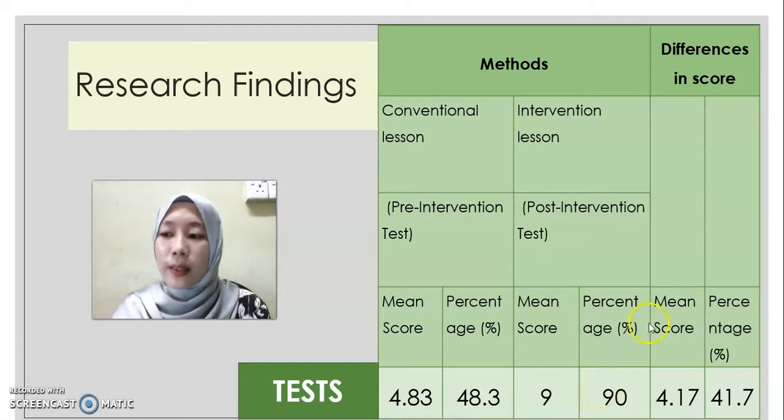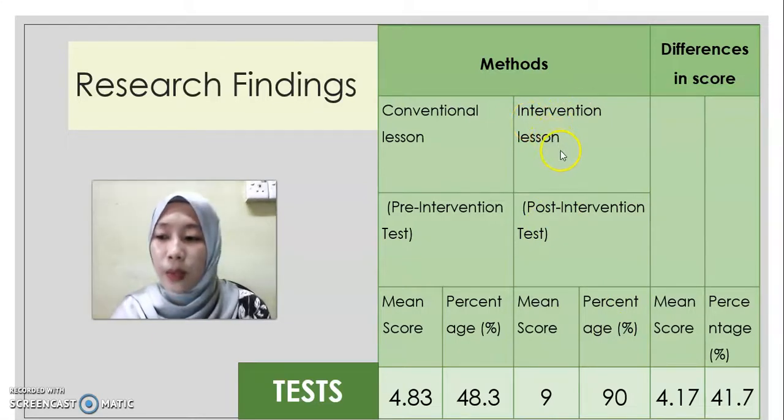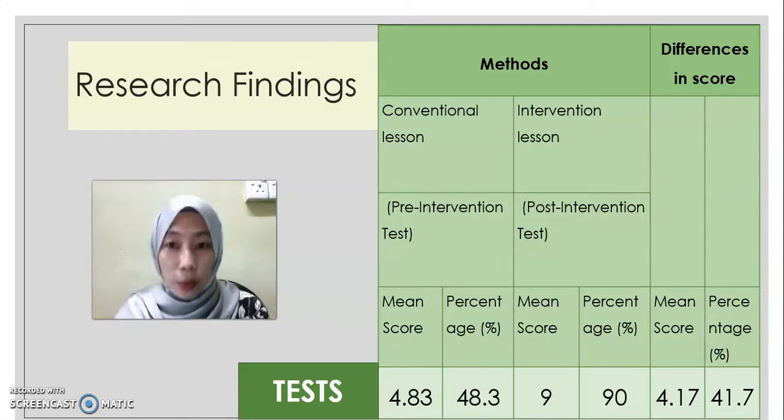So from the analysis of the data, it can be concluded that all the research participants are showing huge improvements in the post-intervention test, which is the test that incorporates the use of the intervention lesson. This suggests that the intervention, which is the multimodal approach, is successful in assisting pupils to use possessive pronouns correctly.